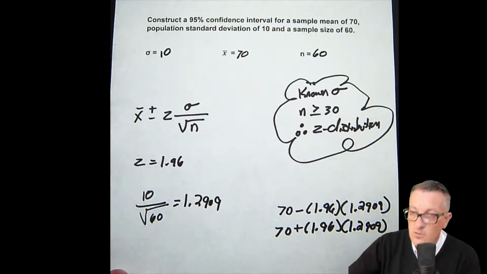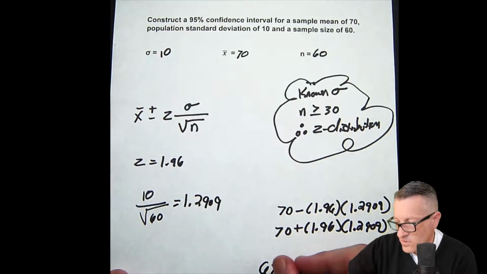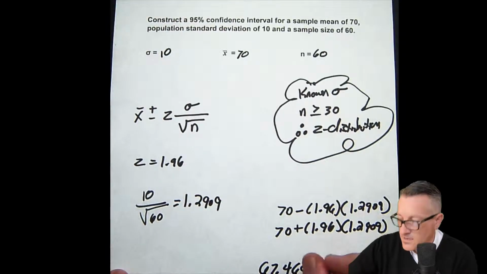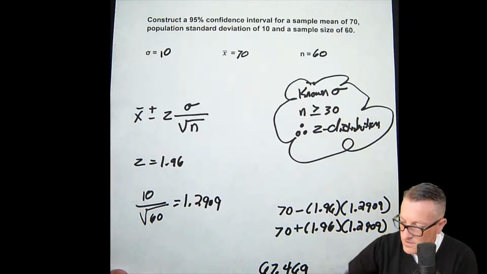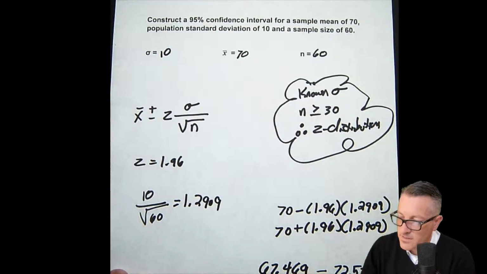When we work this all out, we end up with these results: 67.469 on the low side, and then it goes to 72.5301. So that would be our answer.